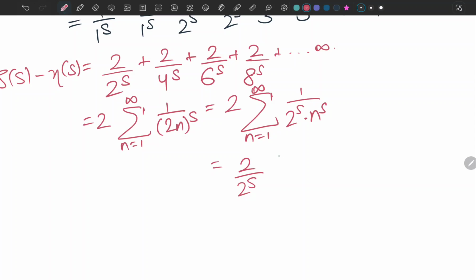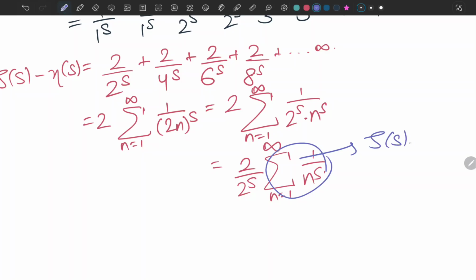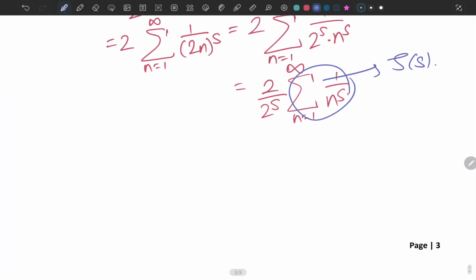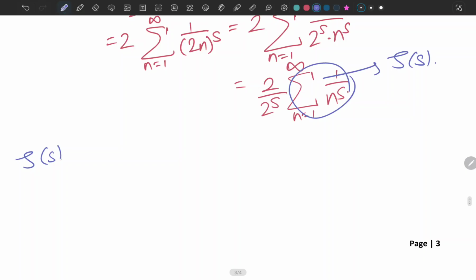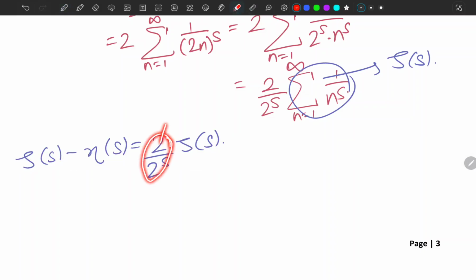So 2 over 2 to the S and the infinite sum as n goes from 1 to infinity of 1 over n to the S. And be careful that this is your zeta of s, right? So eventually we have Riemann zeta of s minus eta of s equals 2 over 2 to the s times zeta of s. We can write this as 2 to the 1 minus s, right?